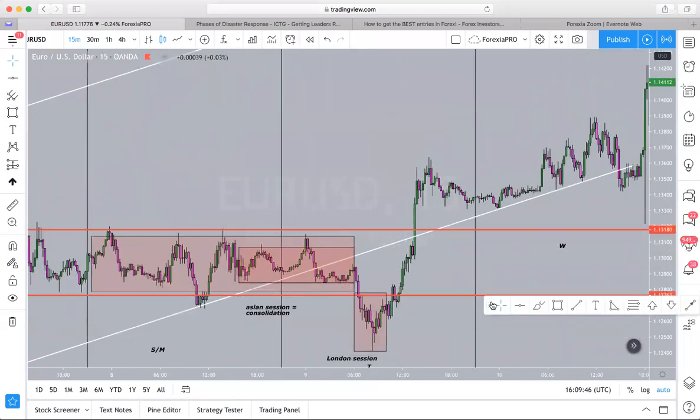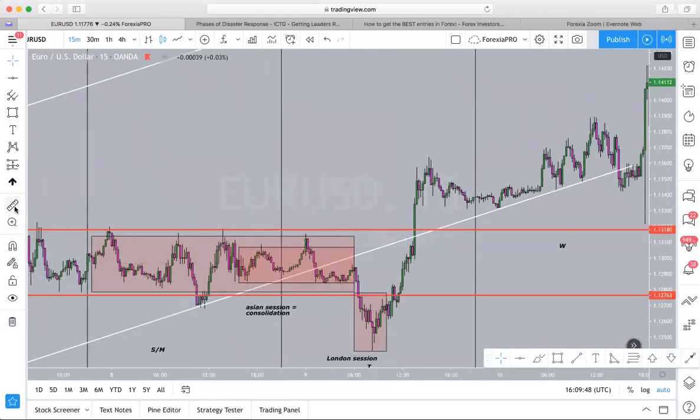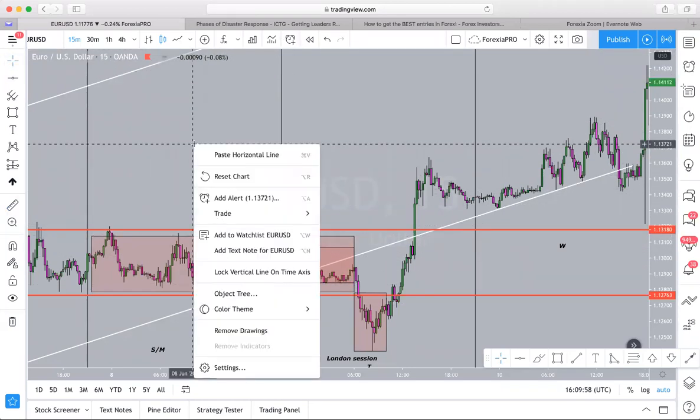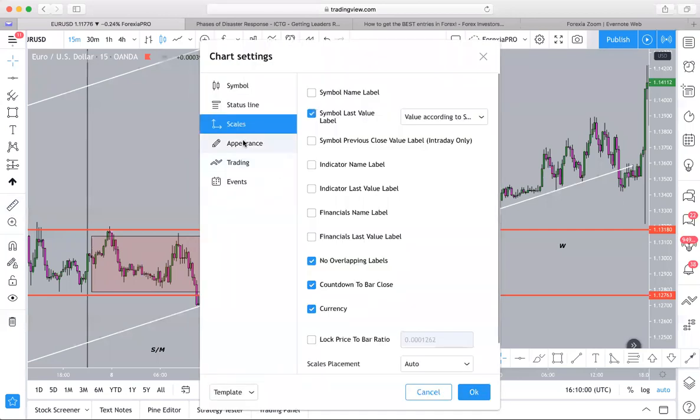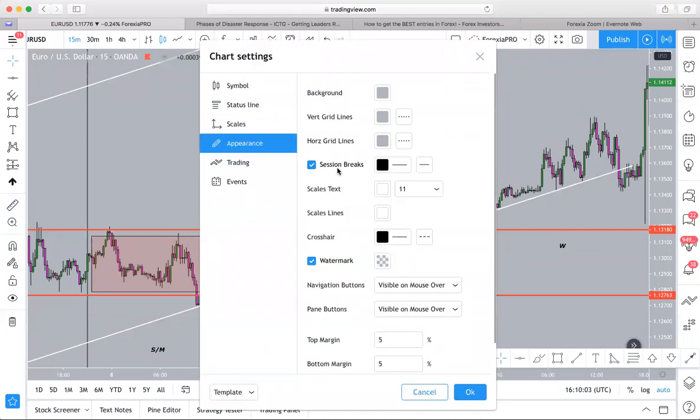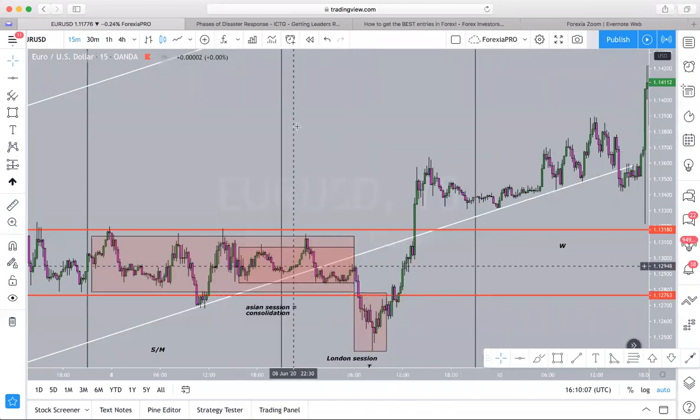Well, I have a really good tip for you guys. Click on this tool right here, this ruler, and hopefully you guys already know what this black line means. But if you don't, right click, go to settings, go to appearance, and go to session breaks. All right, this will enable these lines.